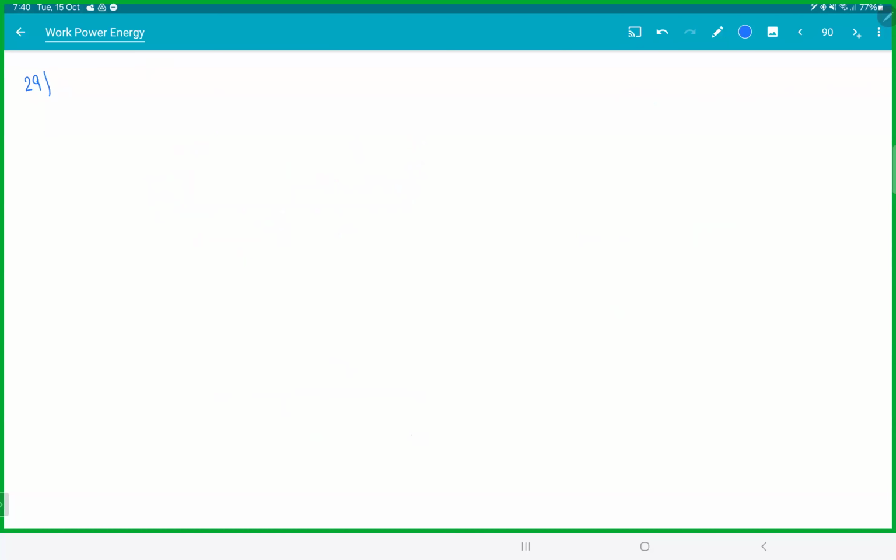Let's see the next one. We got a block M here. We got a spring here, K. This is point A. The ground is smooth. Now someone is pulling this point A with a constant speed. Getting it?